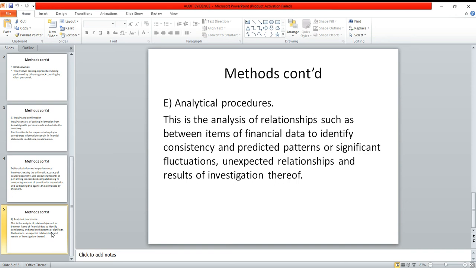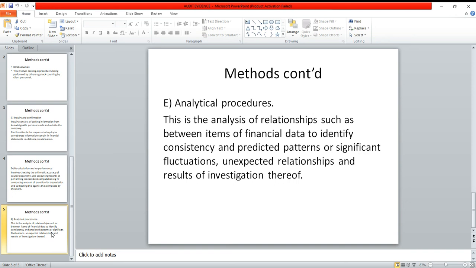So it should be able to ensure that even in analyzing the financial position of that company, it should give assurance of the trend of the financial statements or financial records of the company for the past years.